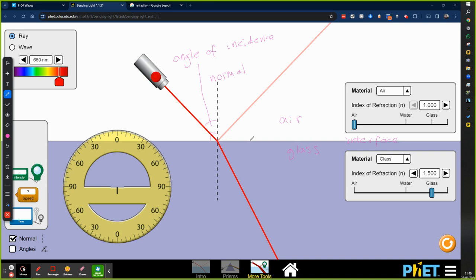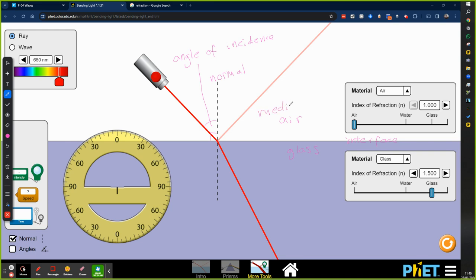The line that separates the first substance from the second, we call the interface. So this horizontal line is the interface between air and glass. The place that the light is moving through, for example the air, is called the medium.